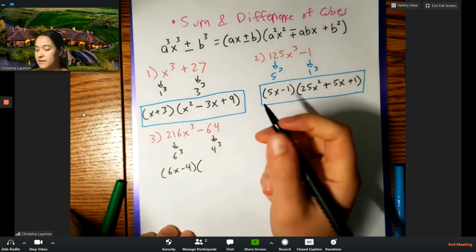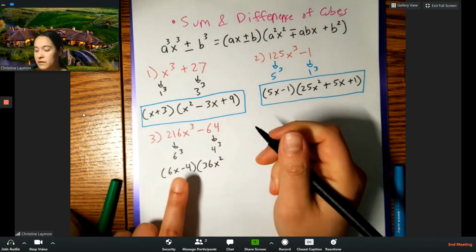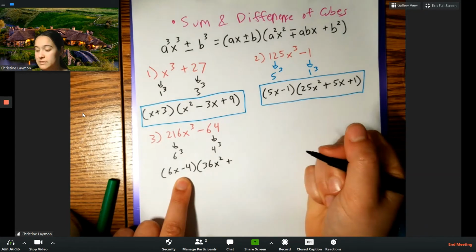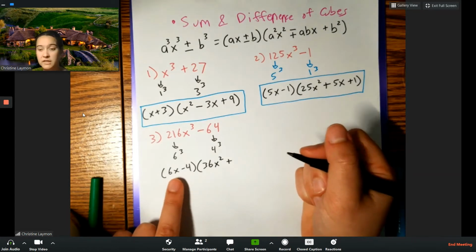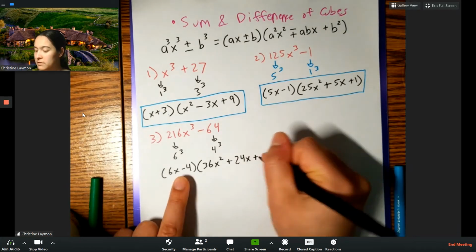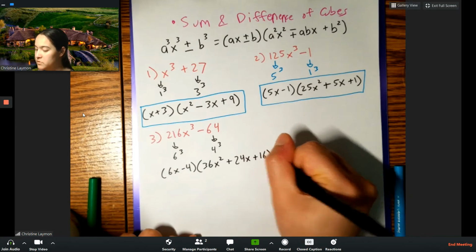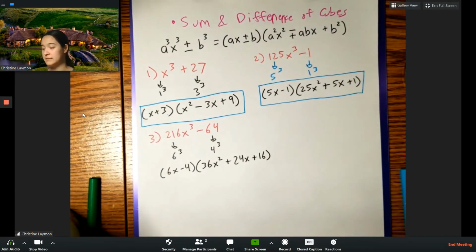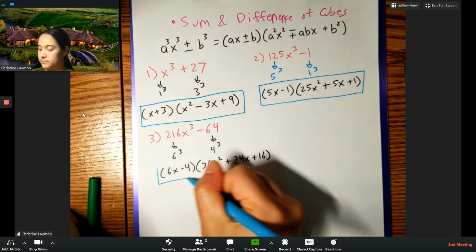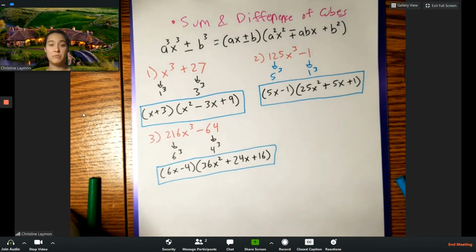In the next set, square this. So 36x squared. Flip the sign. Positive. The middle term is first times last, 24x. Finally, positive version of that last term squared. So notice that the last term is always positive.